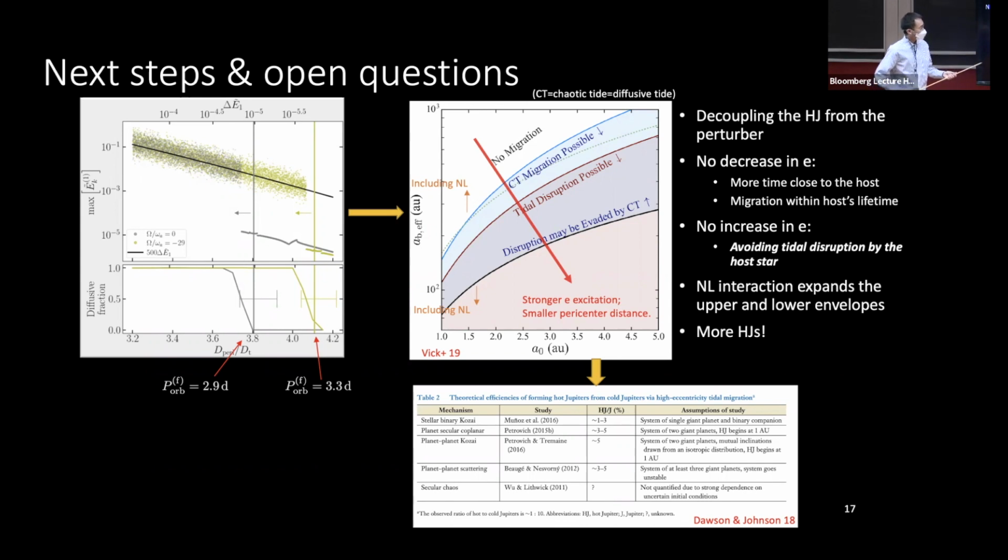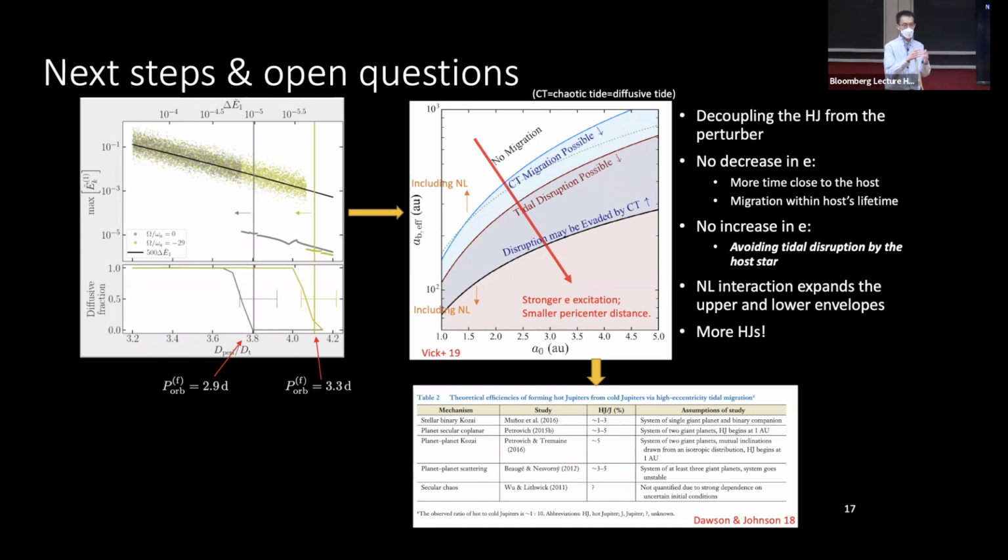If the Kozai excitation is relatively mild, or the pericentric distance is relatively large, I want to emphasize that the key for diffusive tide to enhance the formation rate is that it decouples the planet from the perturber. For weak eccentricity excitation, this prevents the eccentricity from decreasing due to the Kozai oscillation.